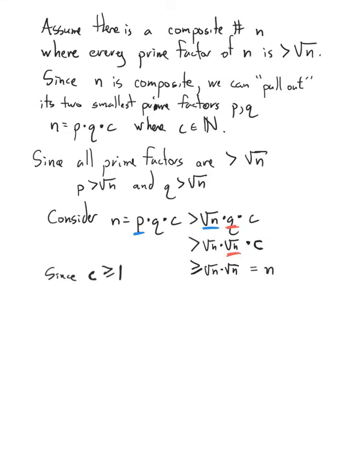So, let's see what we did here. We have n is greater than n here, after a bunch of steps where the inequalities keep getting smaller. So we can say thus n is greater than n.